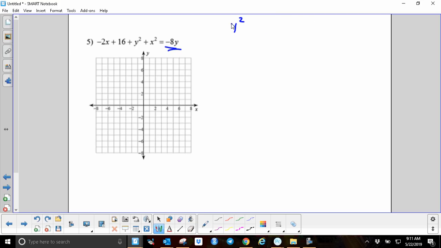So I'm going to move it to the left side. It becomes 8y. And then plus, I'm going to leave a space, x squared minus 2x plus 16 equals 0. Because I moved this to the other side, right?